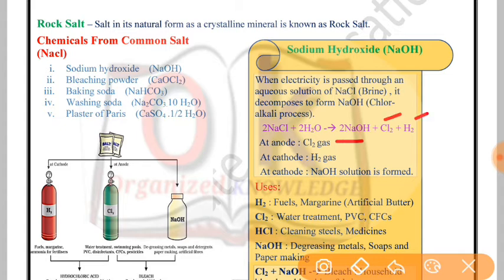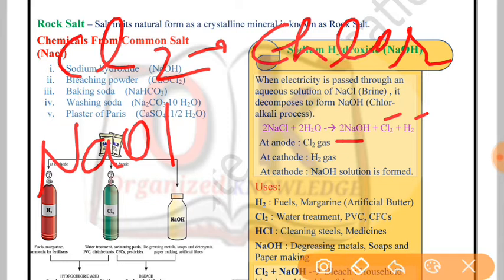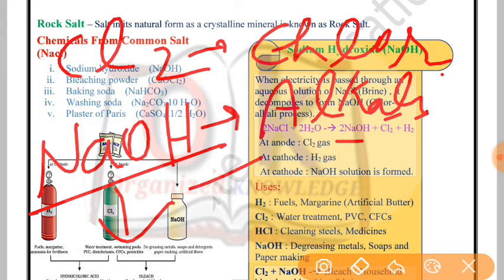Now, chlorine is obtained, so we use Chlor, and NaOH is obtained, and you know NaOH is an alkali, that is, a base which can dissolve in water, so it is known as alkali.